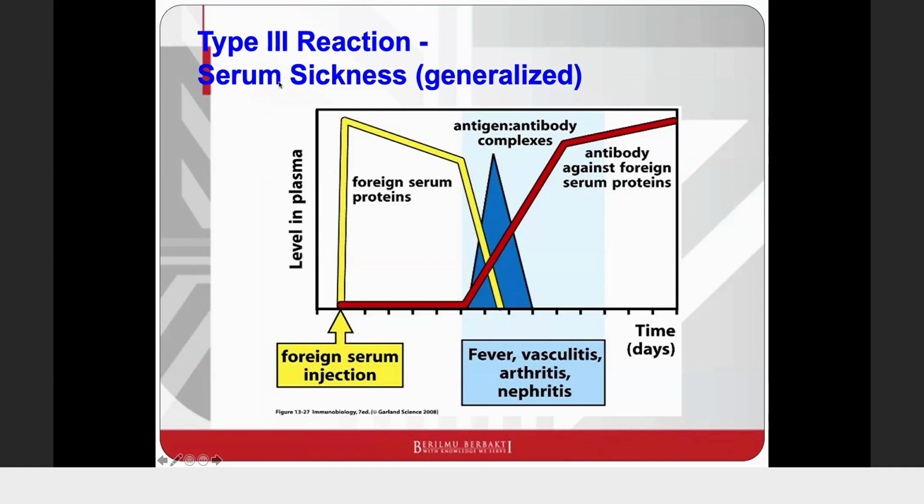In previous times, for example with diphtheria or tetanus, they used passive antibodies, meaning they injected antigen into an animal, the animal produced antibody against the antigen, then they collected the antibody from the animal and administered it directly into the human being. So this is what we call foreign serum injection.